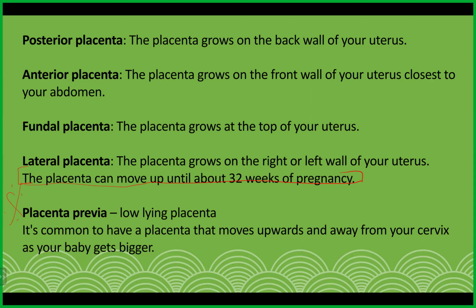Even if the fetus is in breech presentation, up to 32 weeks of pregnancy, that is till the end of the 2nd trimester, you can definitely try to rotate the baby inside and have the mother have a normal vaginal delivery. Along with that, lateral placenta can also be corrected or moved up.